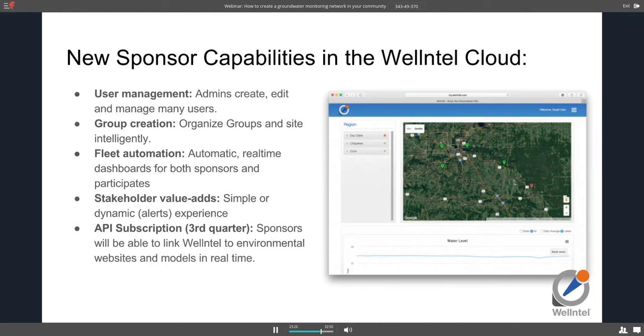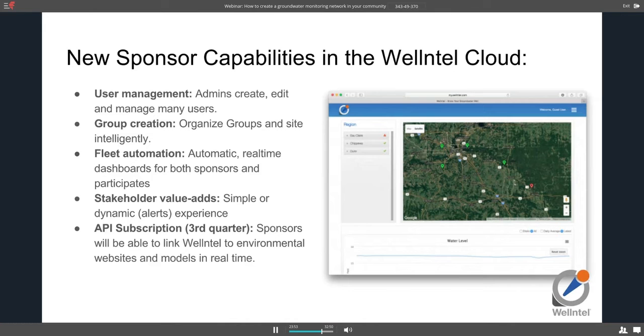But the red dot that you see is a well that's in alert, and that may mean that there is a risk condition in the well, like, for example, the water level has gotten too close to the pump level, or it might also mean that the sensor needs some attention, like a battery replaced. But that red dot alert essentially calls a sponsor or a participant's attention to that well, and they can take action to keep it up.